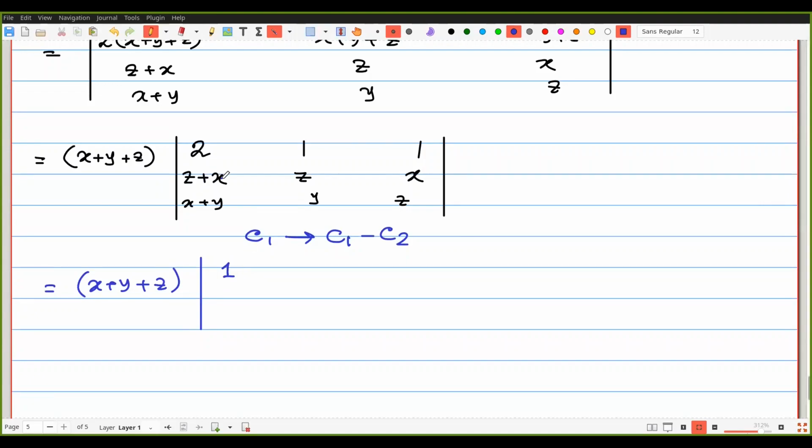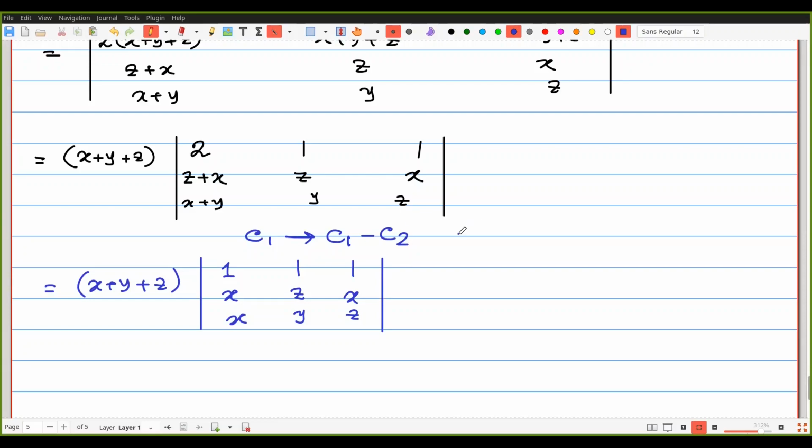Z plus x minus z, that means it is x. X plus y minus y, it is becoming x. Now 1 z y, 1 x z. So all the first row elements are 1, 1, 1. So that means we can do 0 here, as in the previous problem.